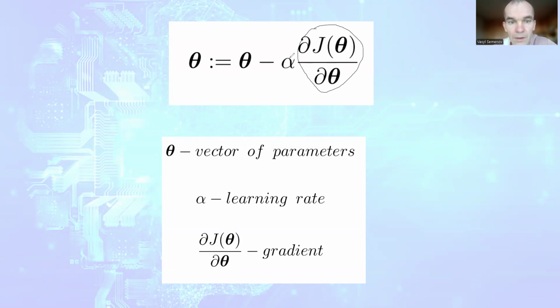This weight coefficient alpha is called a learning rate. It defines how big my step in this direction will be, so it regulates the convergence of gradient descent. It's very crucial, as we will see, to define a proper value of alpha. Okay, let's continue.